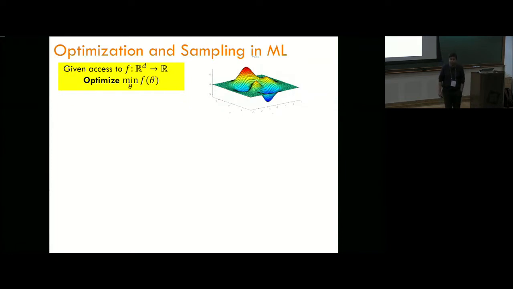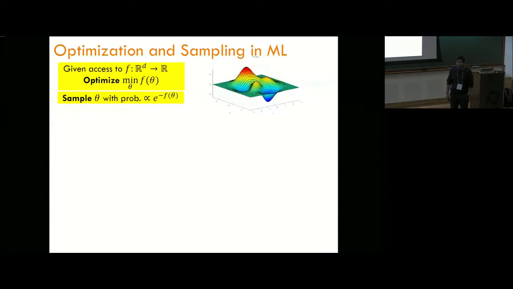So this is a high dimensional setting, and this is a real valued function. And one of the goals is to find this theta which minimizes the value of the function. Okay? This is the optimization setting.